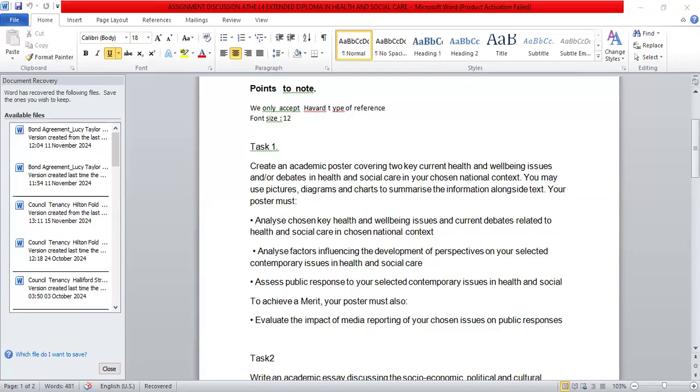We expect that you, the learner, should be able to identify and analyze those two current key health and well-being issues or debates related to health and social care. This must be within a chosen national context. So for that matter, UK, they should explain the issue, the cause and the impact, and the current approaches to dealing with it, supported by statistics.